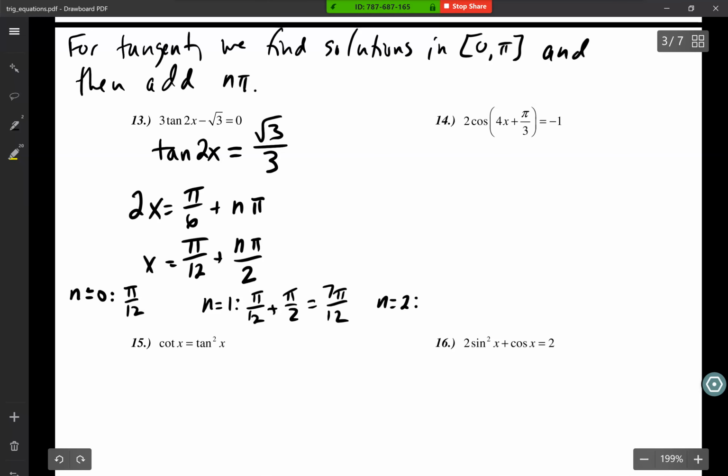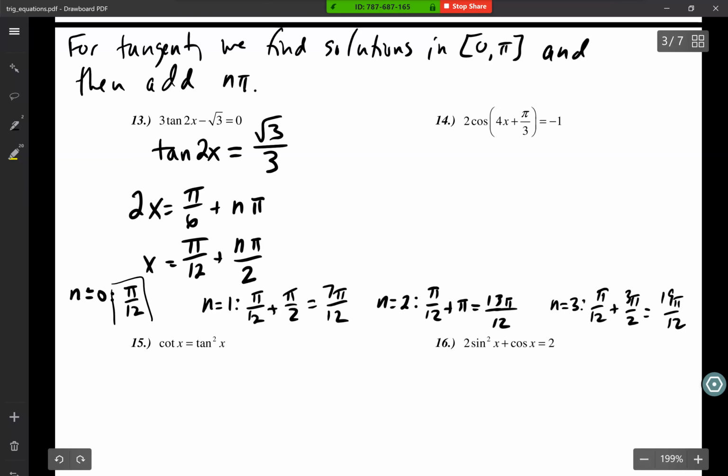So if I do n equals 2, I have pi over 12 plus pi. That gives me 13 pi over 12. And if we have n equals 3, we would have pi over 12 plus 3 pi over 2, which gives me 19 pi over 12.